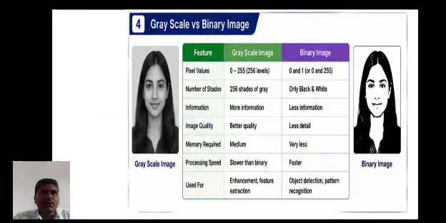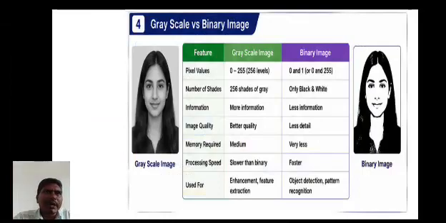Next we are going to discuss some of the basic differences between grayscale and binary images. The first difference is the number of pixel values. The grayscale image contains 256 intensity levels, that is 0 to 255.